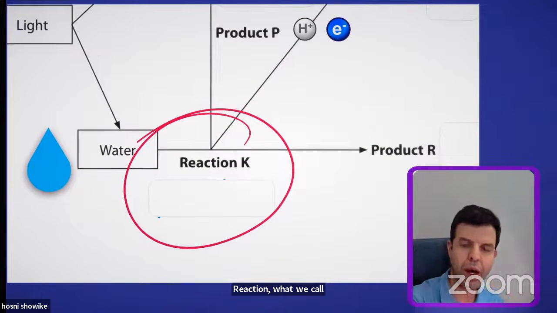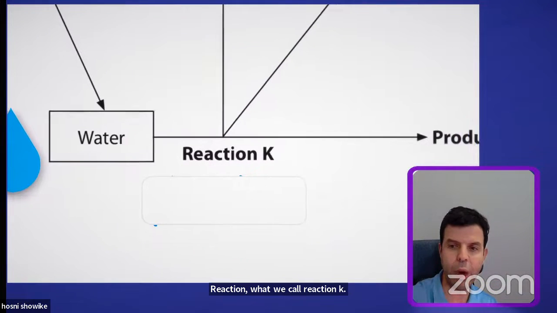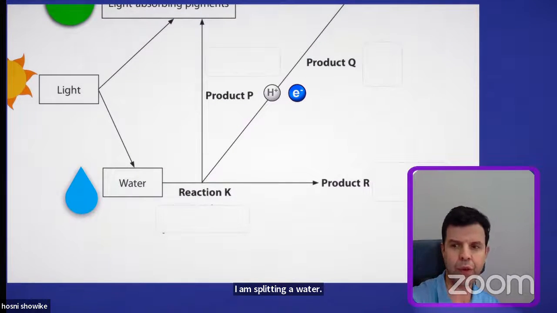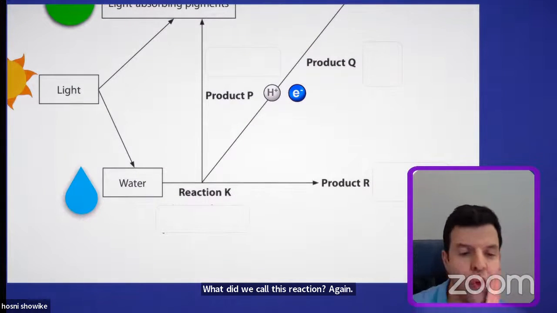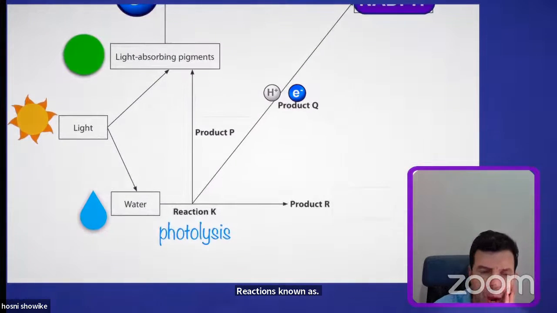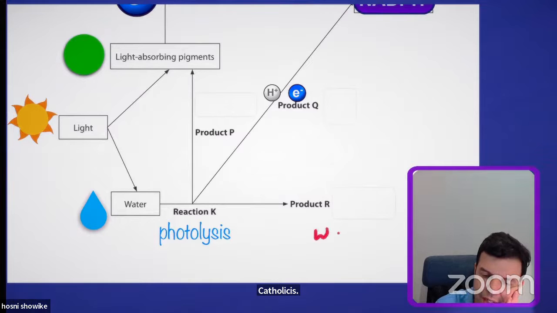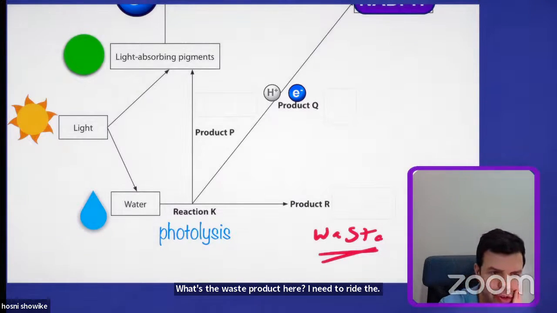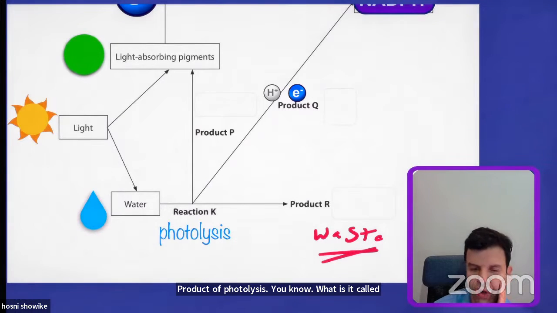That's when I am splitting water. What did we call this reaction again? It's known as photolysis. Here I need to write the waste product of photolysis. You know what it is? It's oxygen.